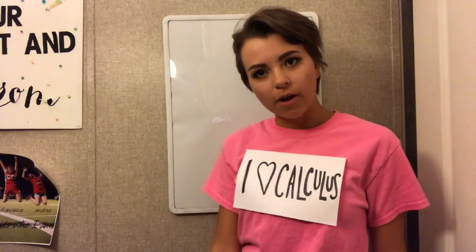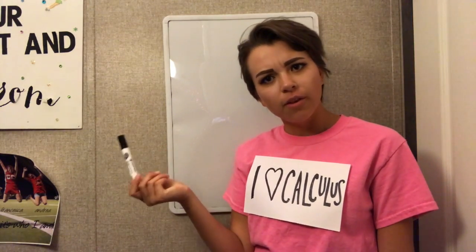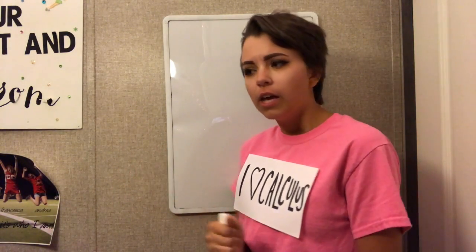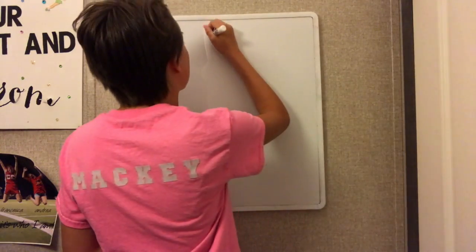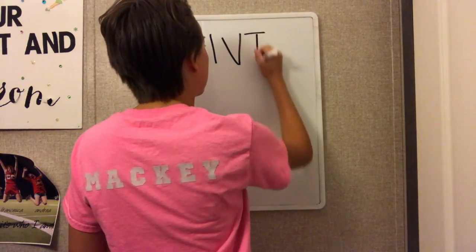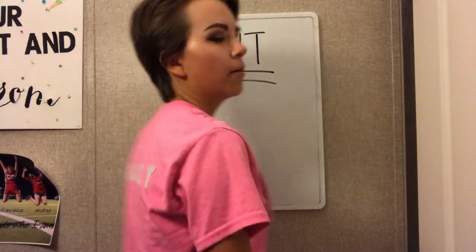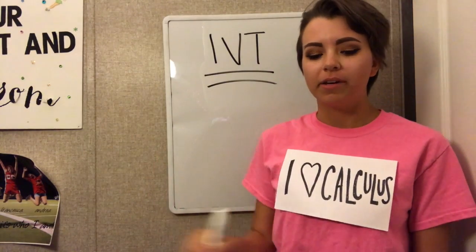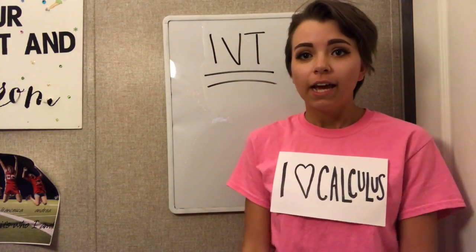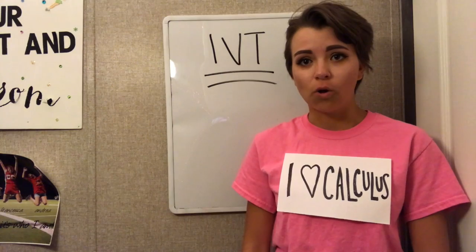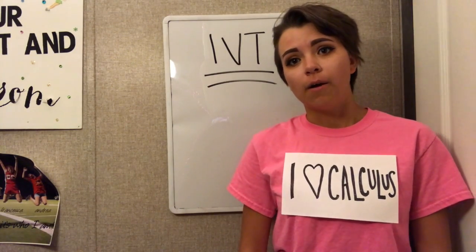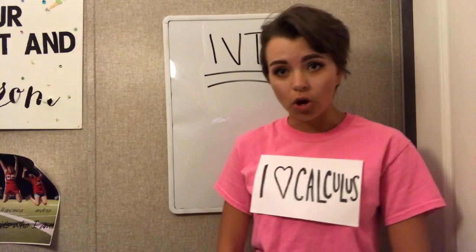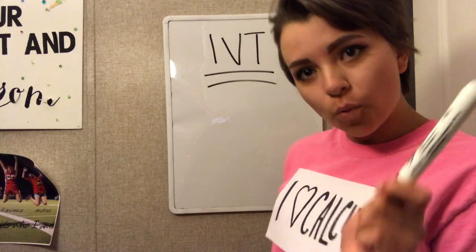First, we're going to talk about my personal favorite, one of the first things that we learned: IVT, because personally it is pretty commonsensical and it's easy to do. So here we go.